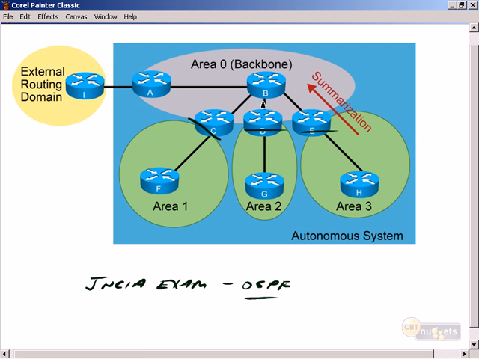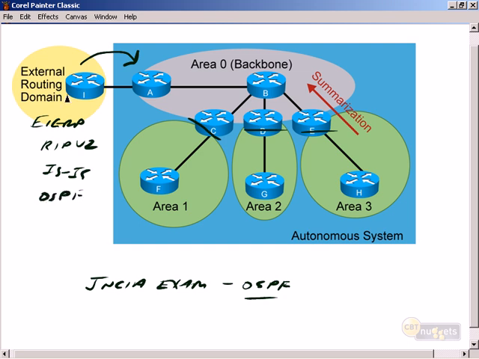Now, we can also have other processes like summarization, and we can also have the redistribution of routes from some other external routing domain like EIGRP, Cisco's proprietary protocol, or RIP version 2, or ISIS, or even another OSPF domain.